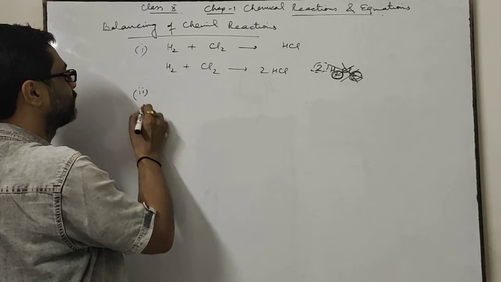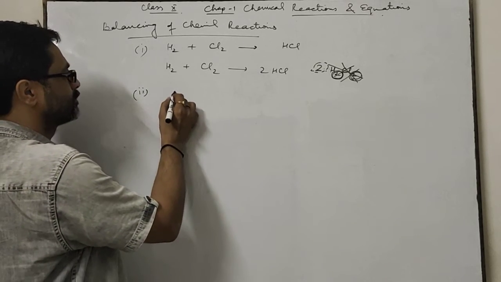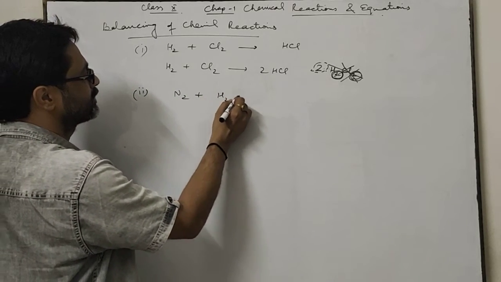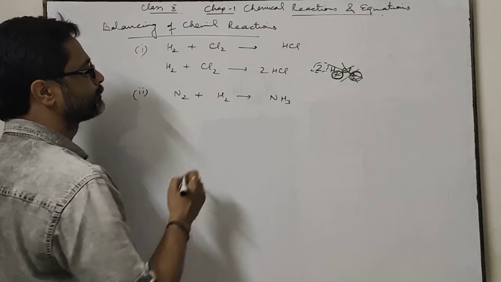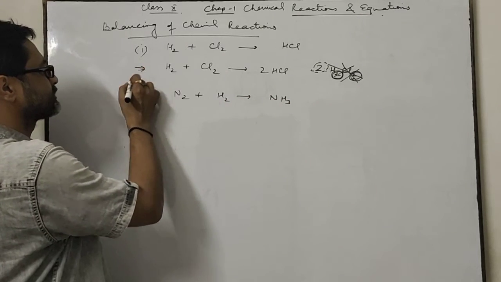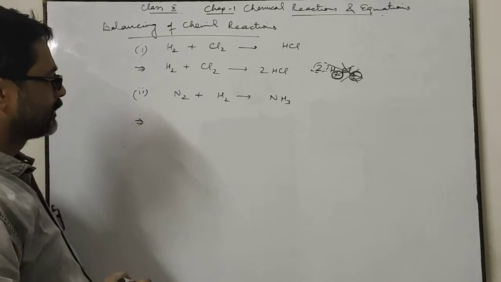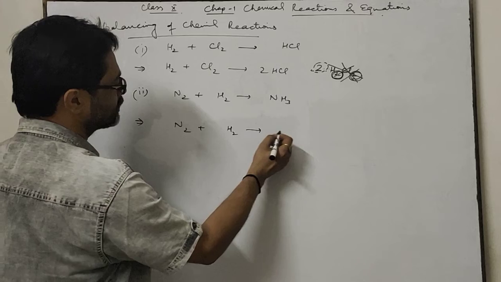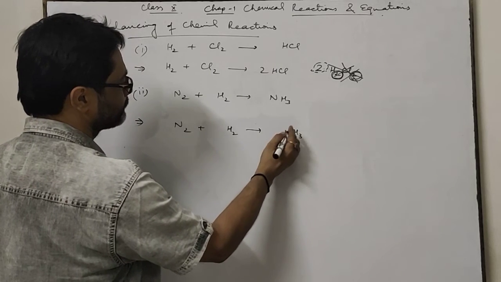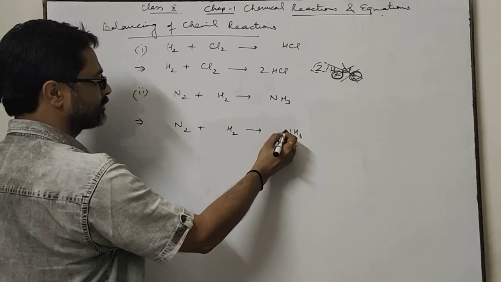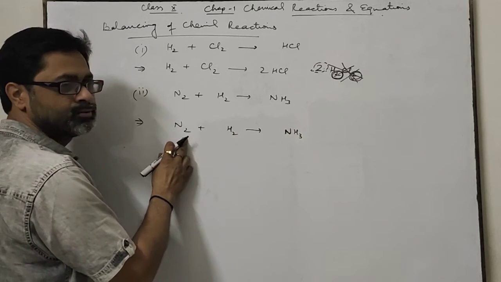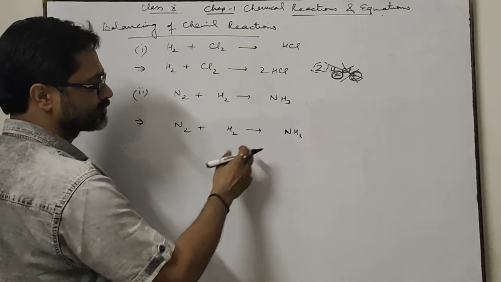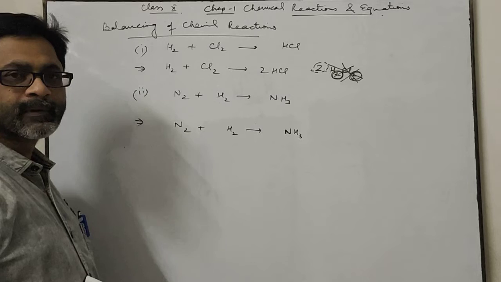Take one more example, like N2 plus H2 gives NH3. How can we balance this? See here, nitrogen and hydrogen, here NH3. The number of atoms of nitrogen here is 2, and here the nitrogen atom is only 1.